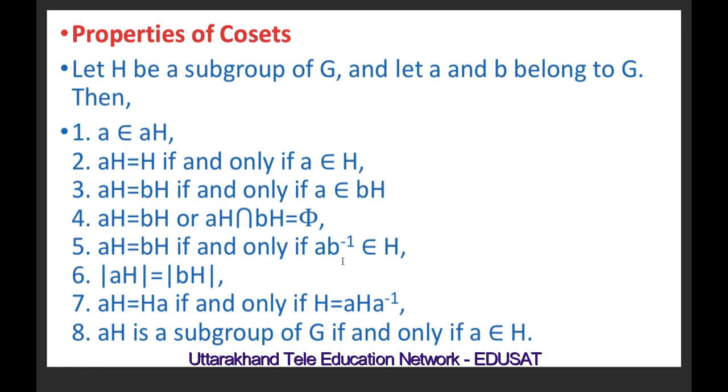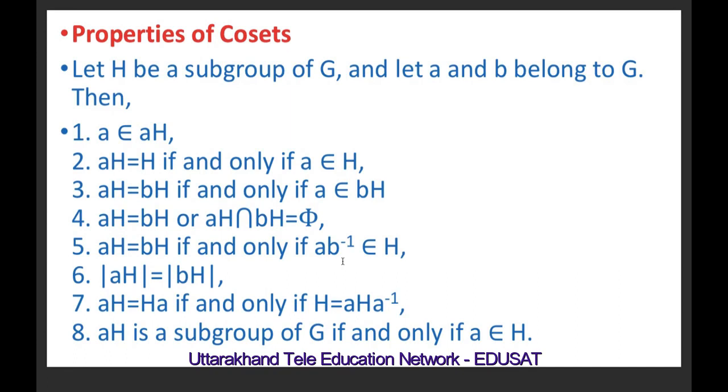Sixth property says that all the left cosets of H have the same size. Means number of elements in AH is equal to number of elements in BH. It means all the left cosets of H have the same size.